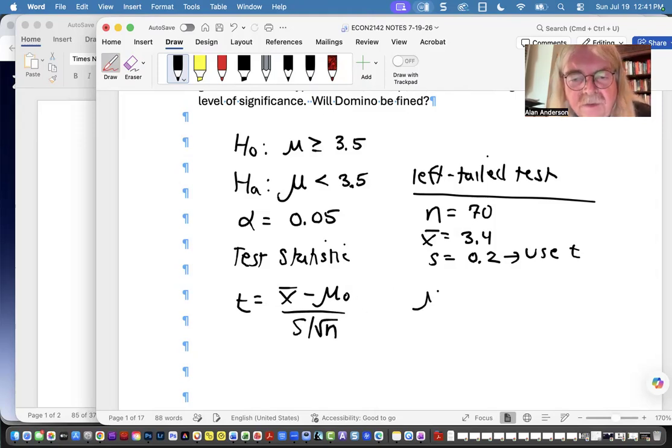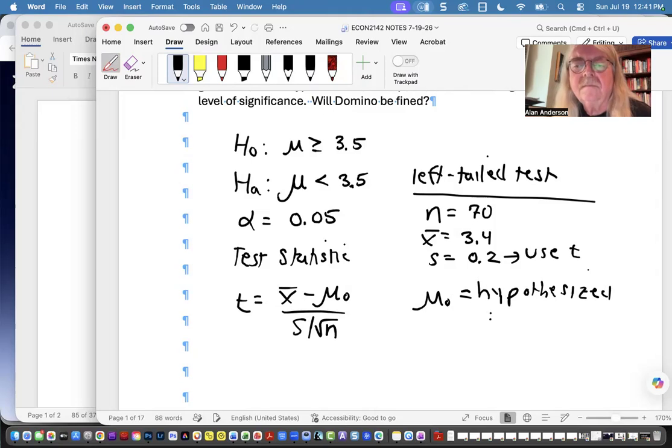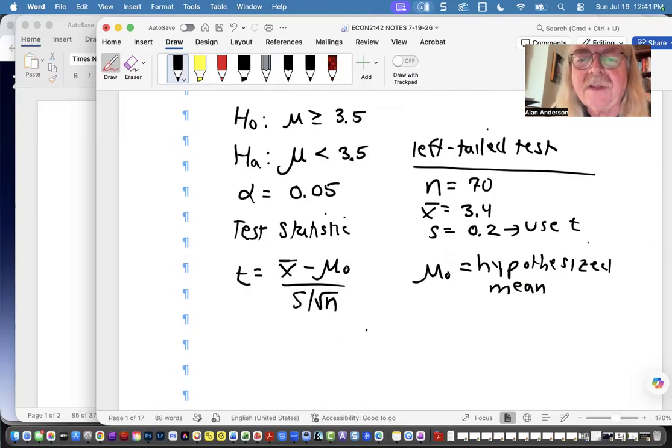And of course, mu zero is the hypothesized mean. And of course, you recognize all the rest. X bar is the sample mean, S is the sample standard deviation, and of course, N is the sample size. All right, so we'll plug everything in.